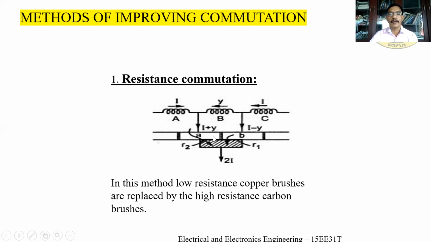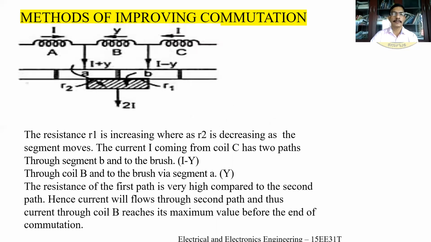If the commutator or rotor is rotating left to right, then the area of the brush in contact with the segment decreases. As the area decreases, resistance increases. Here also we can see the resistance R1 is increasing, whereas R2 is decreasing as the segment moves.